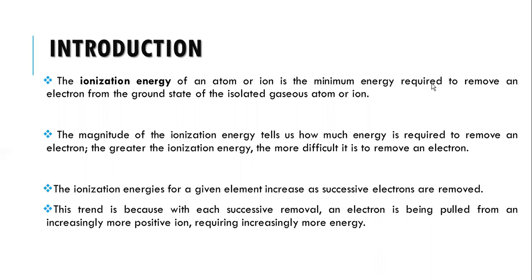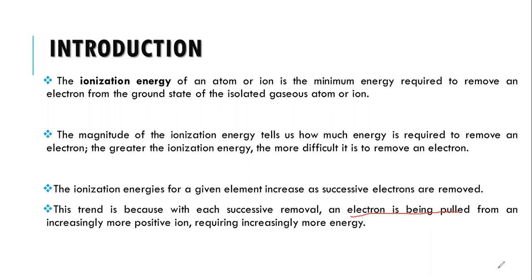If you read this content, you might be confused, but simply you can understand it like this. With successive removal, we have to pull the electron from your valence shell.